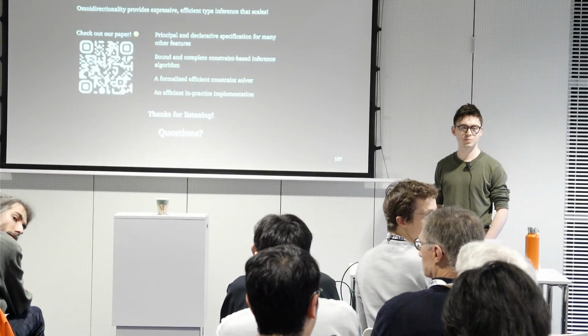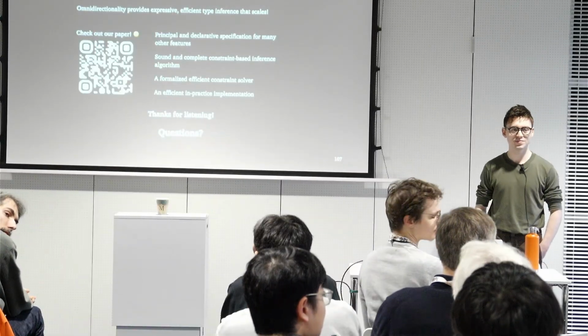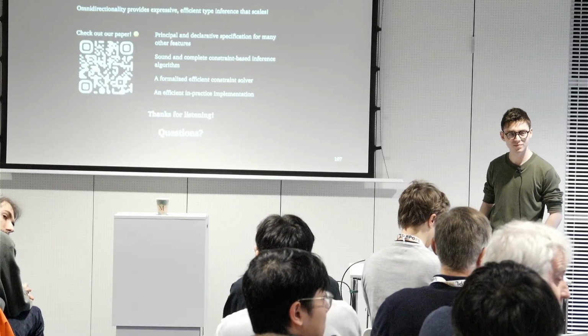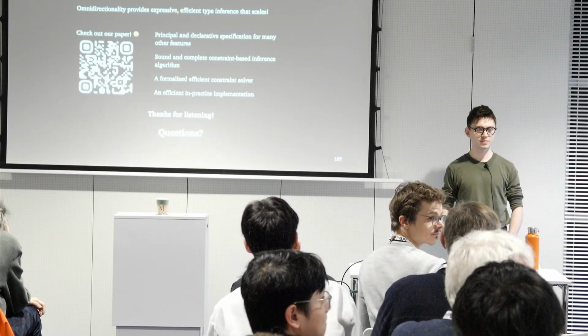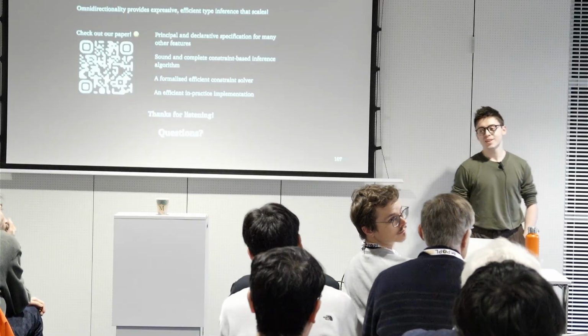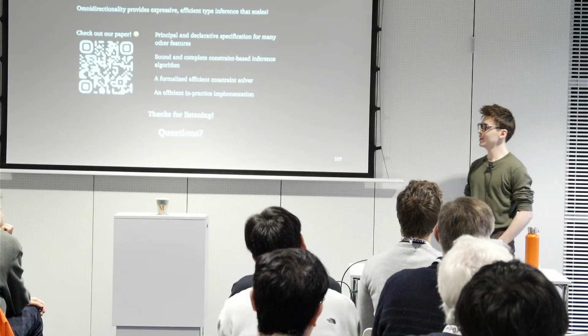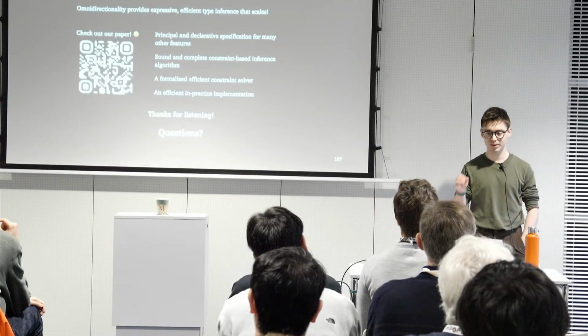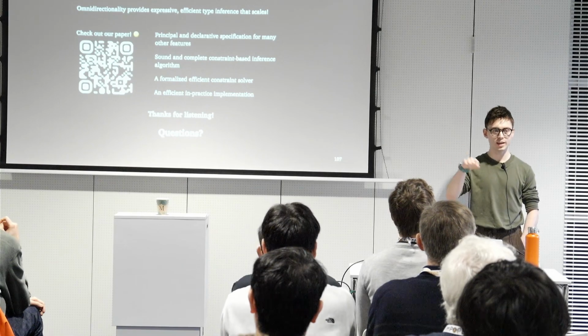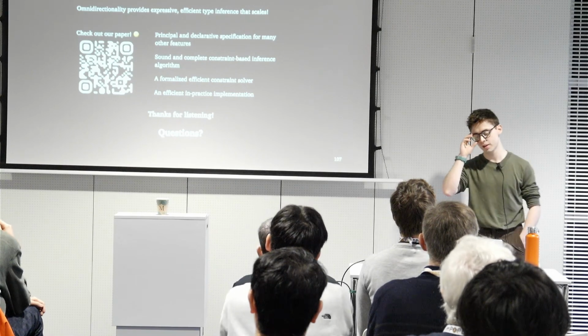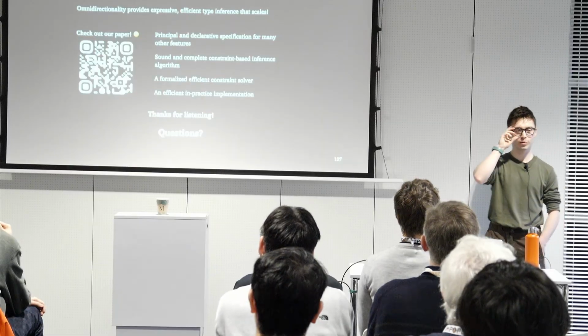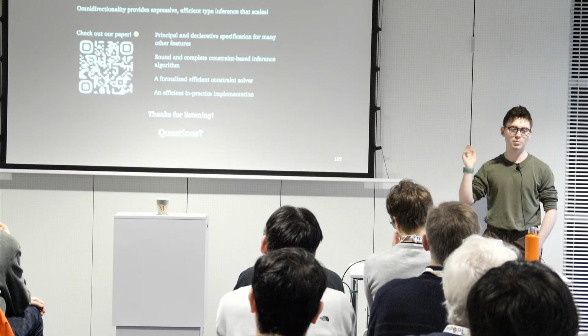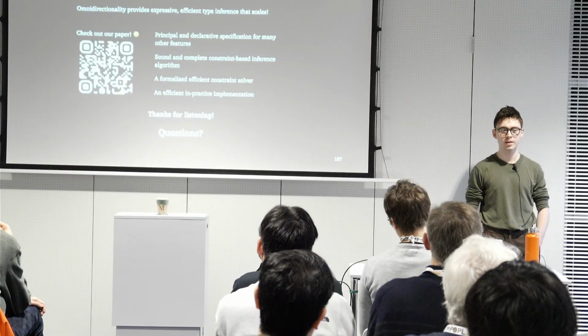Thank you for the talk. Do you think this has applications in functional logic programming? Yes, so functional logic programming has similar flavors of constraints where you do some form of if on a unification variable. It's very plausible that the semantics we came up with can be applied to functional logic programming.